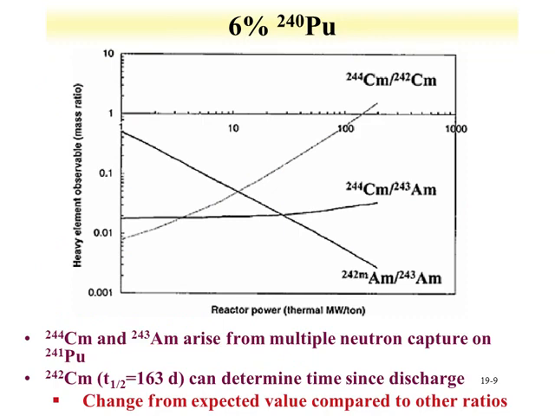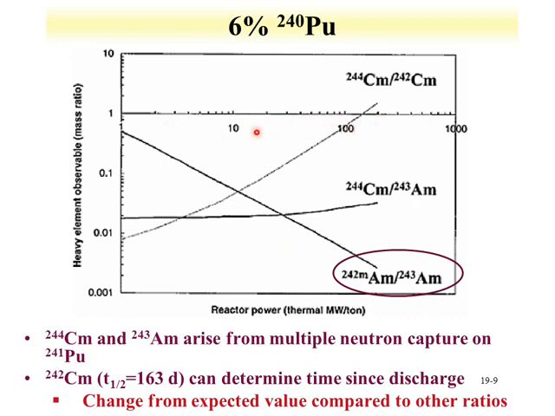An example of these isotopic ratios we've just discussed is shown here. So if one looks at the americium isotopic ratios, and this is for 6% 240 in a sample with plutonium, we see that this ratio decreases as the thermal power increases. Right?